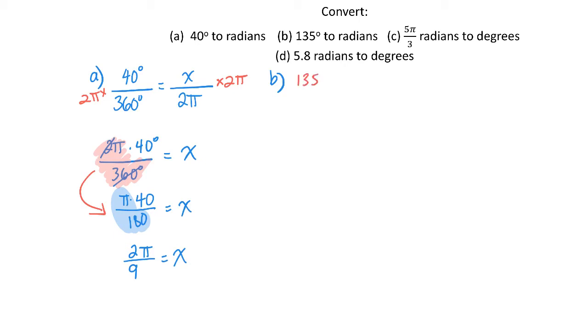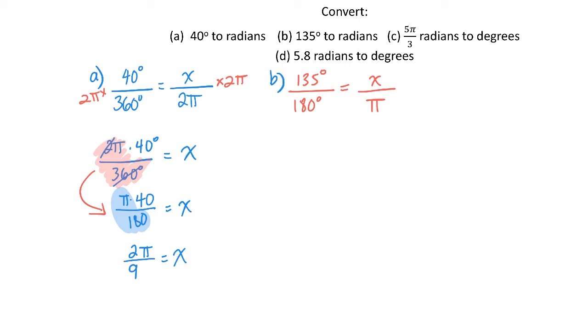You have 135 degrees here. That's some portion of pi, of 180 degrees. So those are both degree measures. We want to know what portion of pi that is, so that we have an equivalent proportion, but in terms of radians instead of degrees.